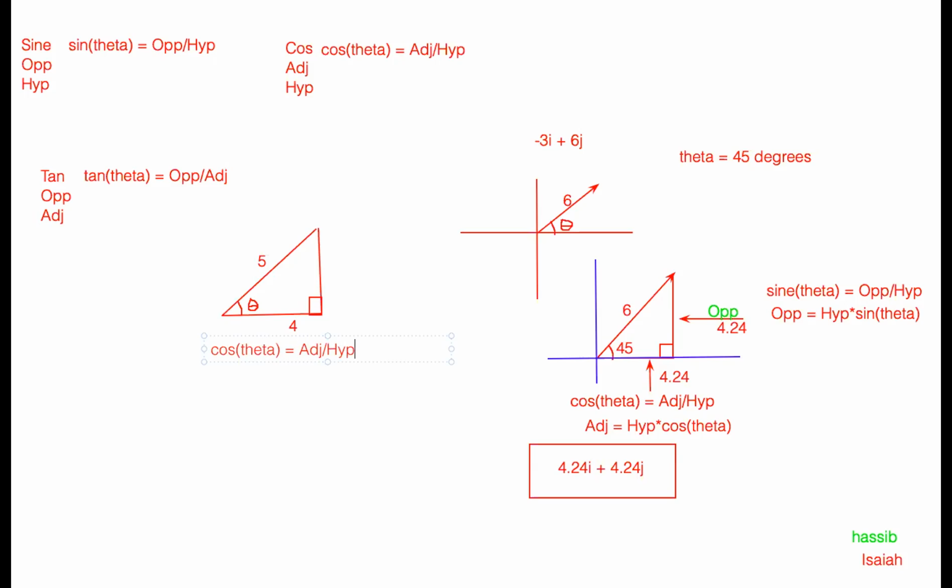Now it's the question of how can we isolate for cosine theta. There's this thing called arc cosine, or cosine inverse, that we could use to invert the cosine itself. So if we do cosine inverse of cosine of theta, then what you do to one side, you have to do to the other.